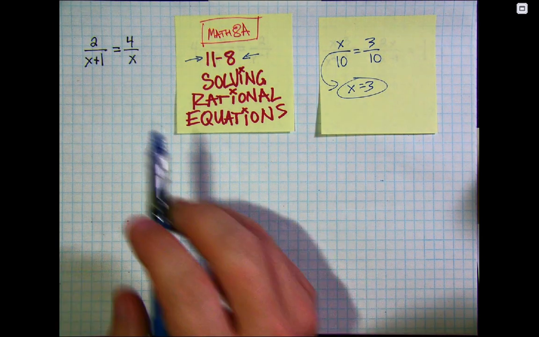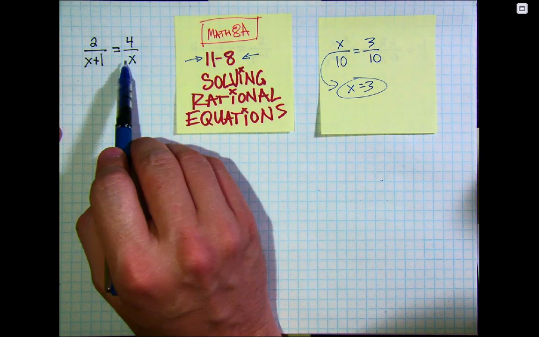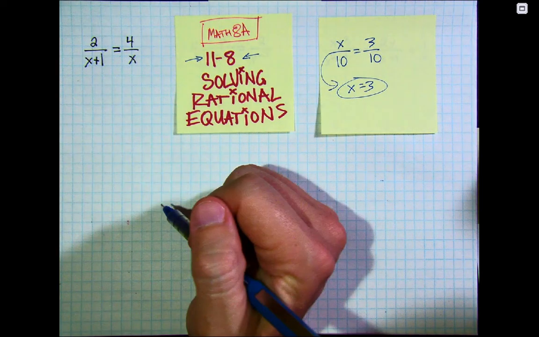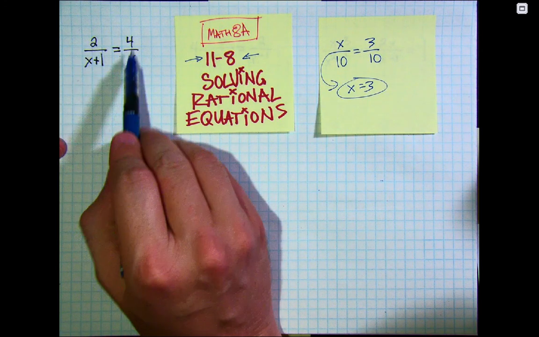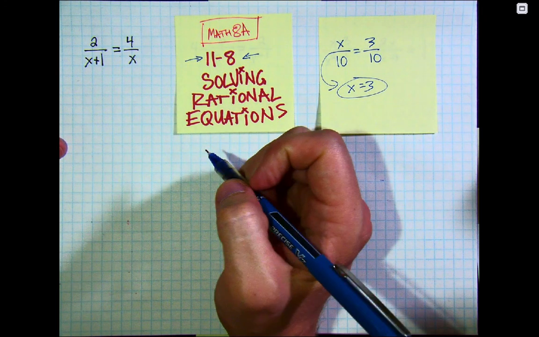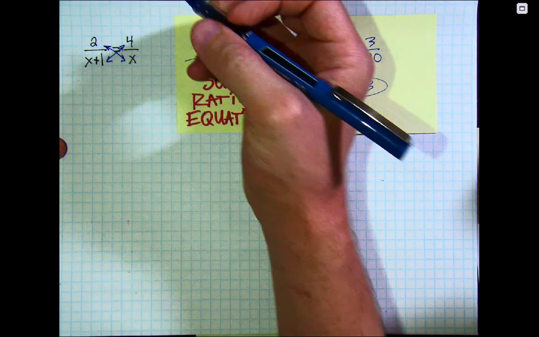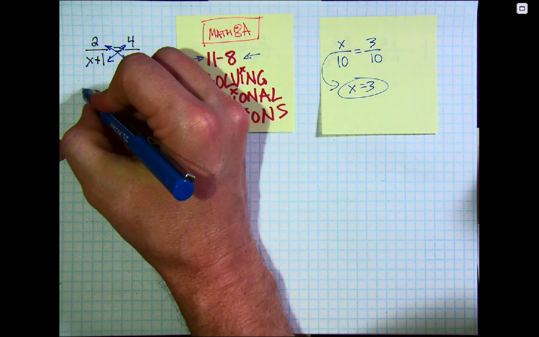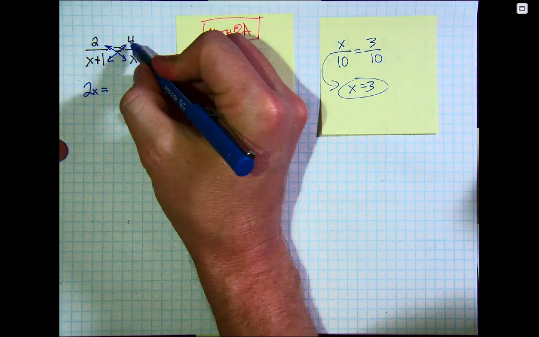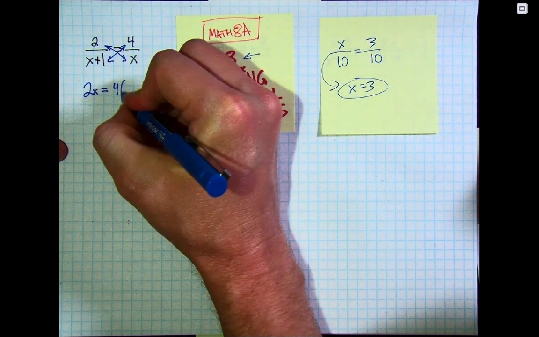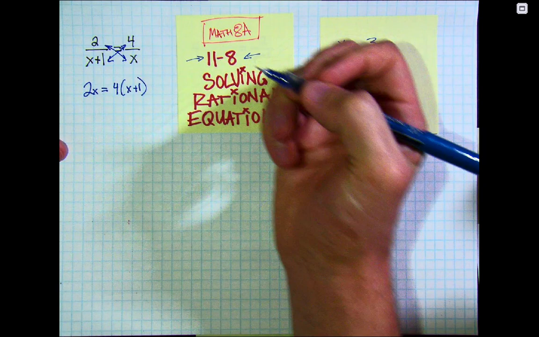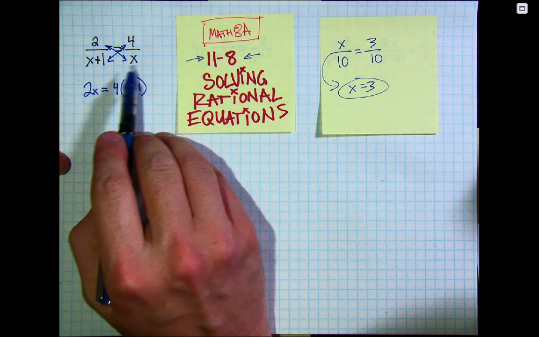All right. Our tool belt of mathematical capabilities, this is what we call a proportional relationship, and I can do what's called cross products or cross multiplication. Meaning 2 times x should equal 4 times x plus 1. And boom. Now I don't really have a rational equation anymore.